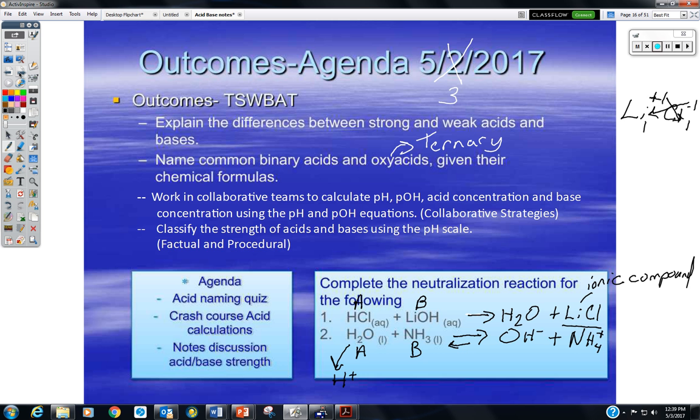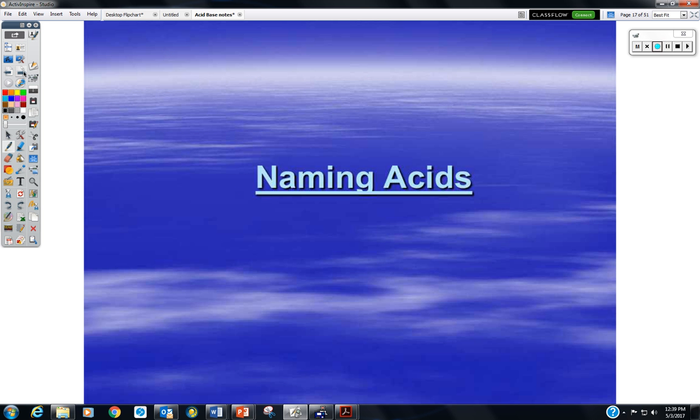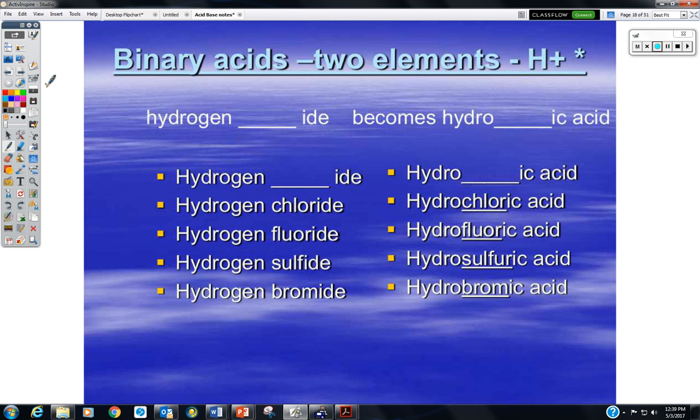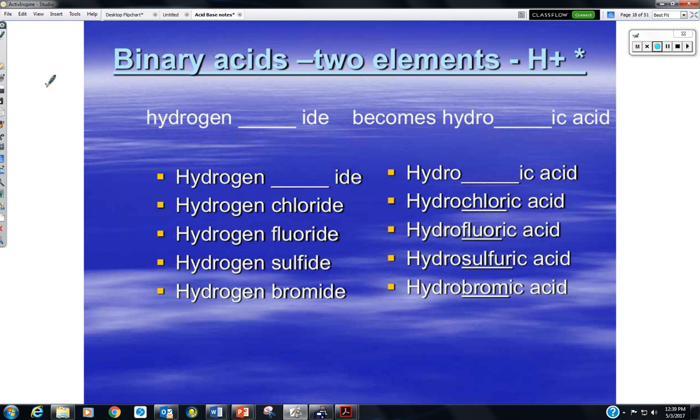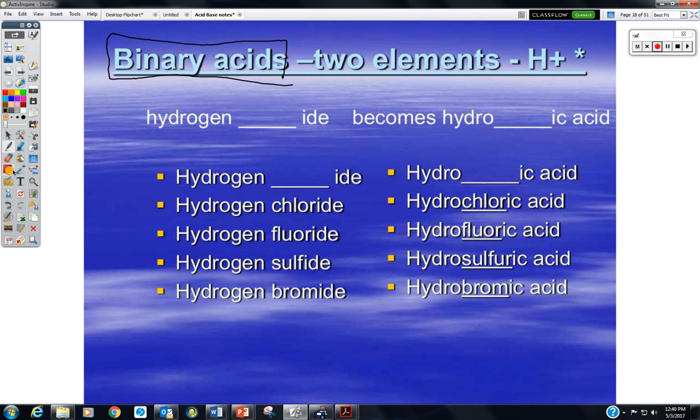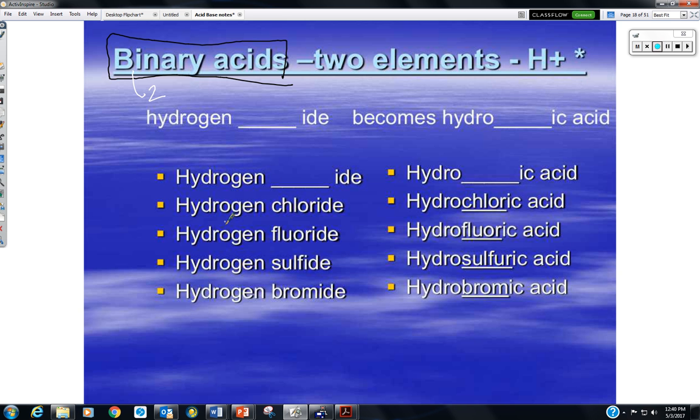Alright, so let's go through. I'm going to quickly go through these slides, not spend a whole lot of time on it, but just some reminders about naming acids. And this is only dealing with acids in their naming. So when we're naming acids, remember that if you have something like hydrogen chloride, and it's a binary acid, remember that bi means 2, so we have 2 elements involved in this compound.